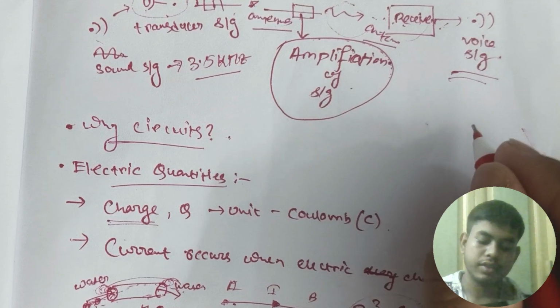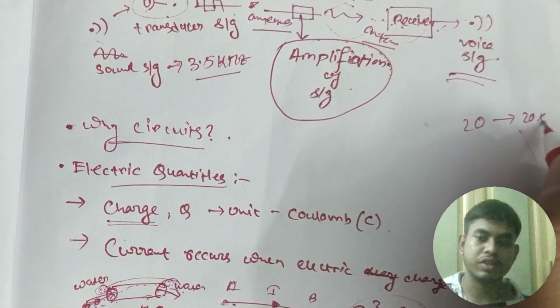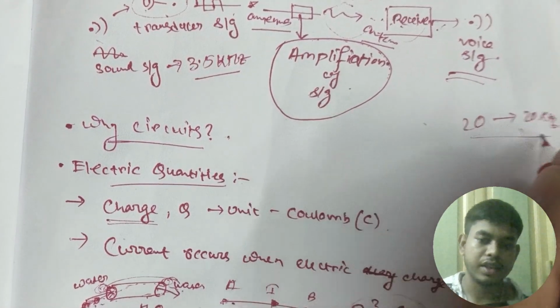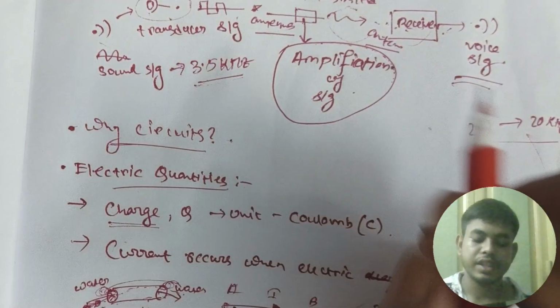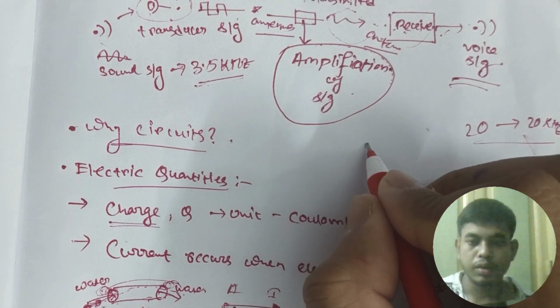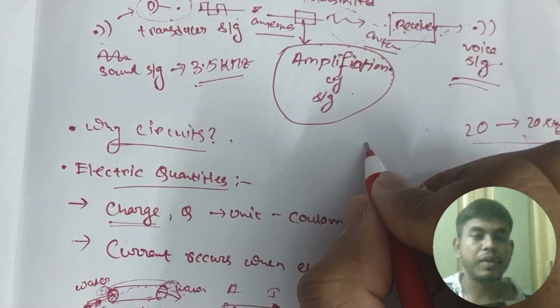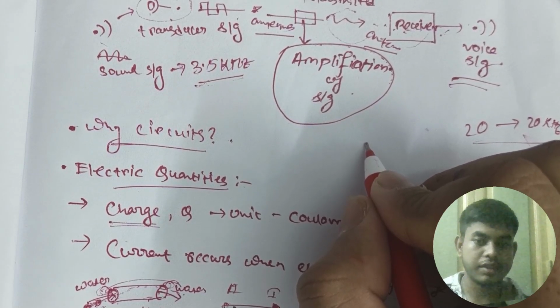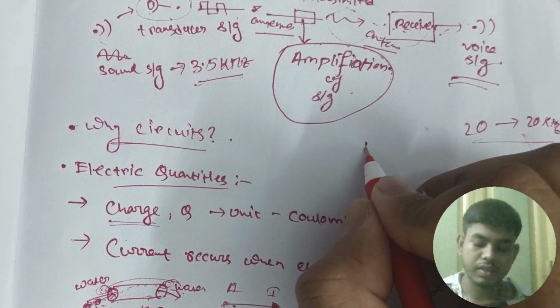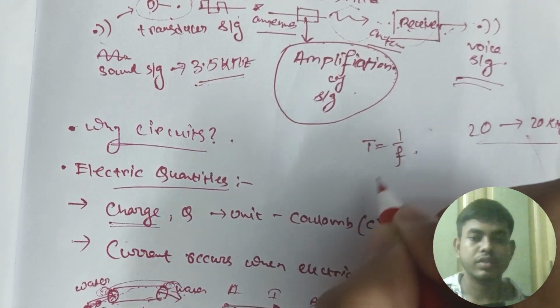So, we can hear from 20 hertz to 20 kilohertz. Human ear can hear. My voice, suppose it is 3.5 kilohertz. So, what will be the time period of it? 1 by f.